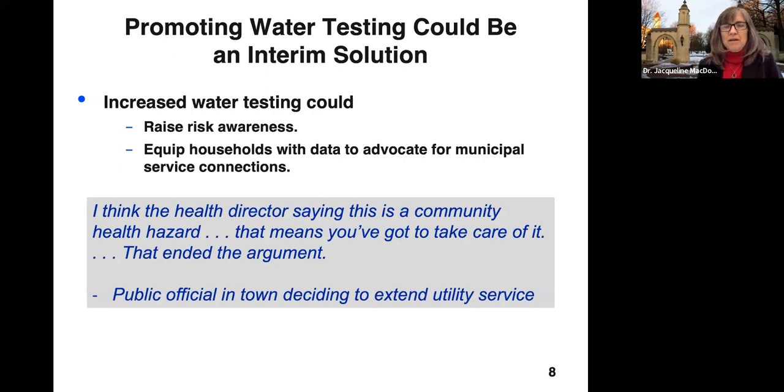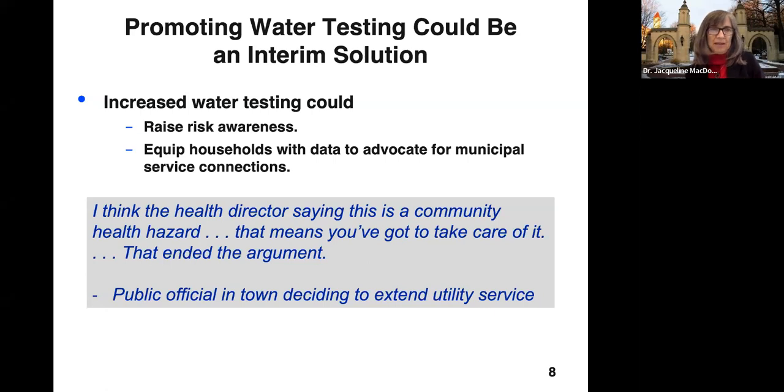I've done some research with students in the past where we've gone around and interviewed water utility personnel and mayors and other leaders in towns that are adjacent to some of these communities I'm talking about here.